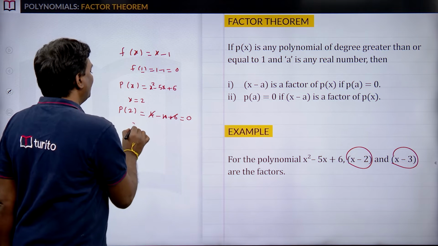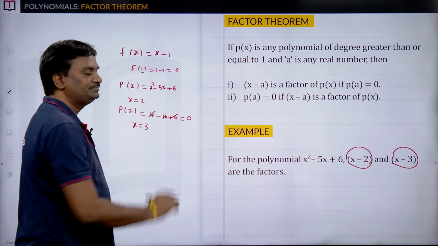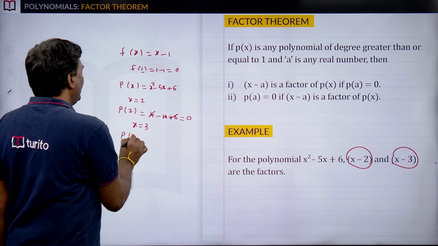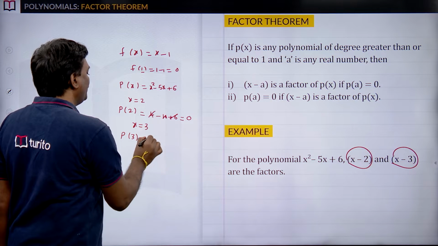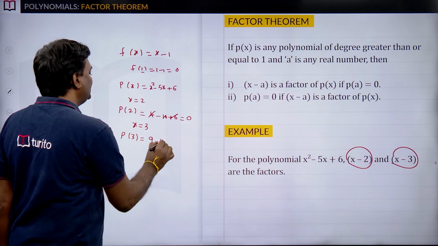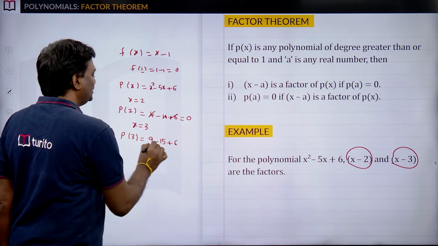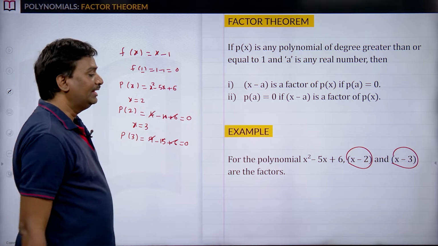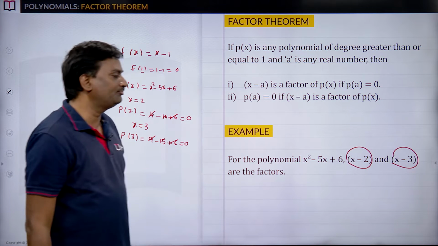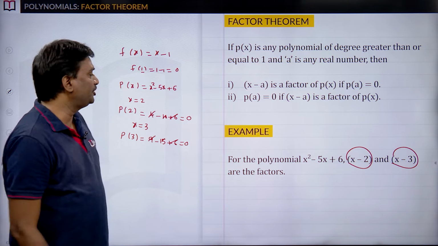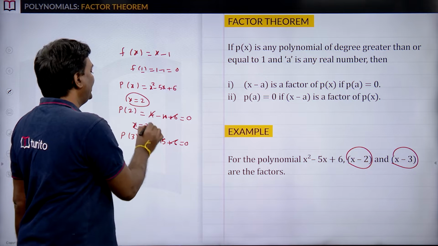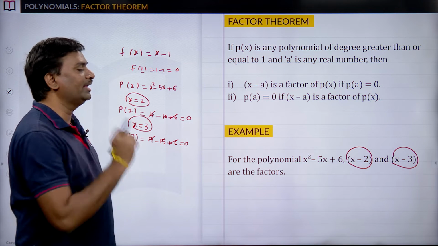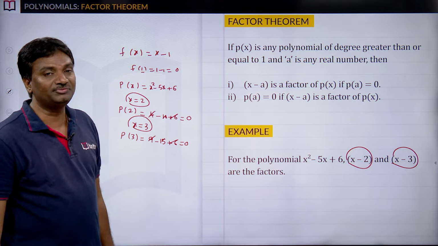Similarly, in place of x by writing 3, you will get P of 3 equal to 3 square, 9, minus 5 times 3 is 15, plus 6. 6 plus 9 is 15, minus 15 gets cancelled, 0. In the polynomial x square minus 5x plus 6, by substituting x equal to 2 and x equal to 3, after simplification we have gotten the value 0.